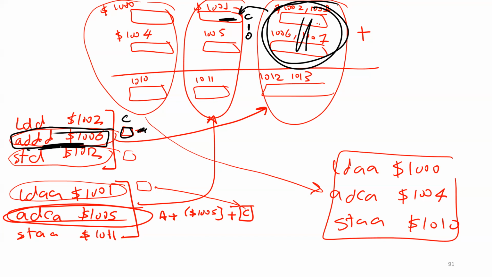However, I'm going to use a store instruction. This instruction also should change the flags, and then I'm going to do a load instruction. This also will change the flags, and then I'm going to do add with carry. So add with carry is actually going to add this carry, not this one.